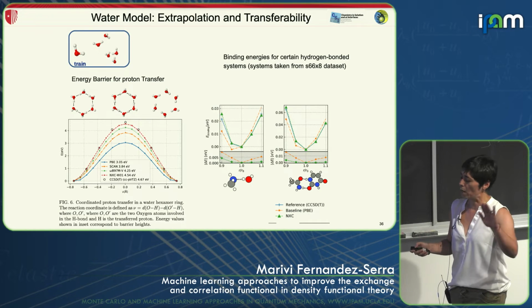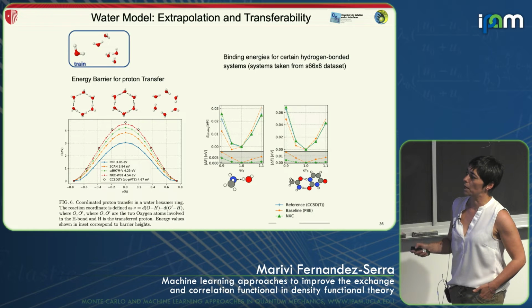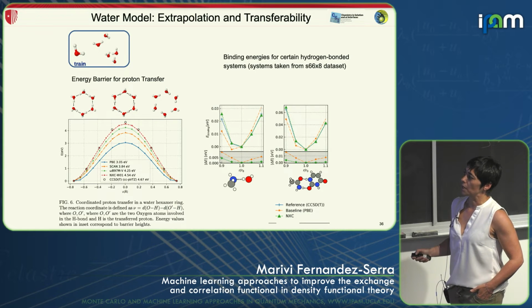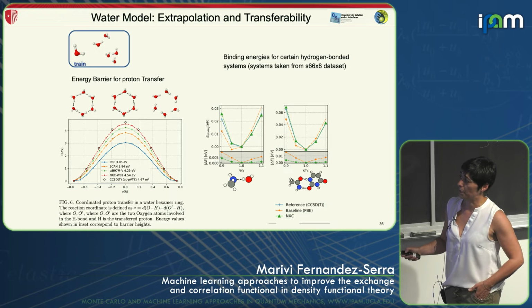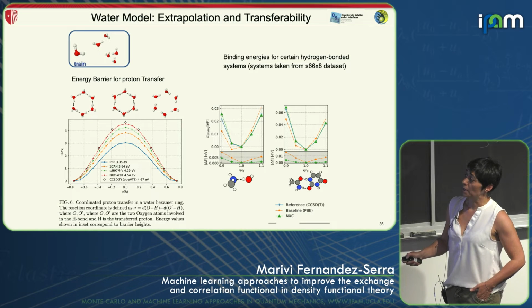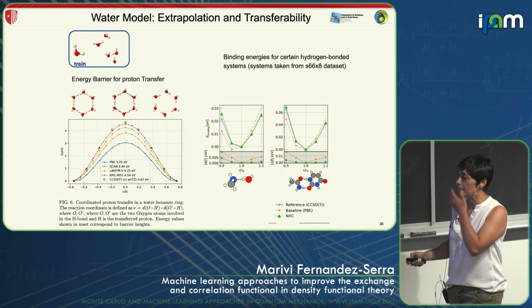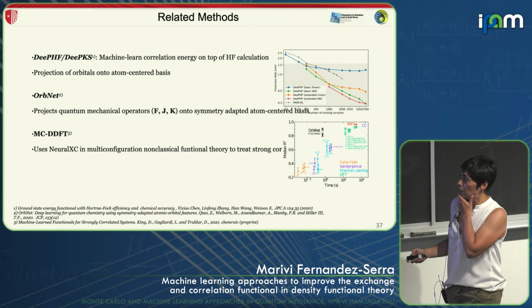We didn't train for any broken bond configuration, and yet the proton transfer for the water hexamer, which, as I say, is very hard, this energy barrier, we didn't fit to any energy barrier, by the way. It's very hard to describe, and yet the functional reproduces the level of coupled cluster. So it does have extrapolation beyond what it was fitted to.